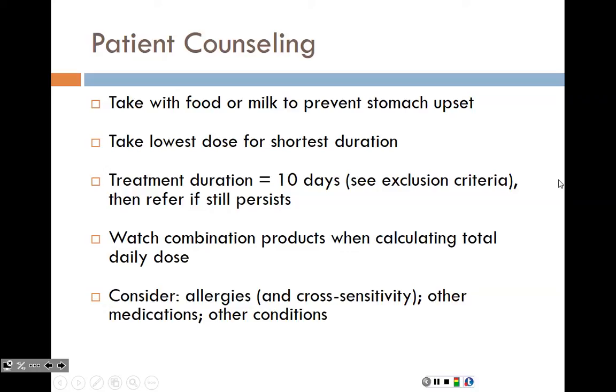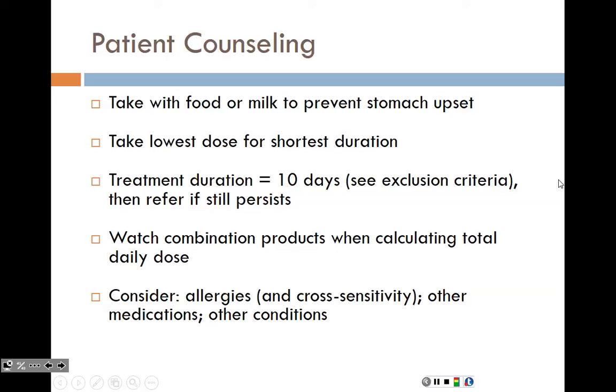With all of these, because of the risk for rebound headaches or medication overuse headaches, you want to recommend the lowest dose for the shortest duration. And we know that toxic amounts, especially with acetaminophen, can be very problematic, so it can lead to liver damage. So think low doses. Remember that if you're treating a patient or not, if they've had a headache for 10 days, you need to refer them on, because you really shouldn't have a headache for that long.